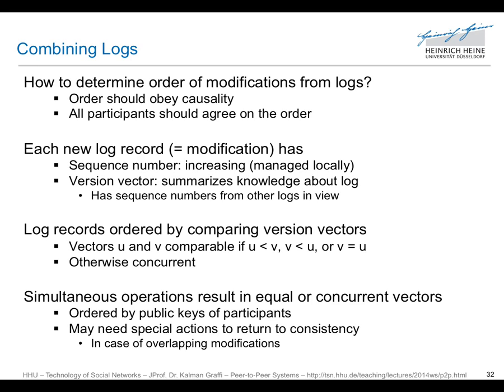By comparing the version vector, so what other logs do I know about and what's their current status, that can be used to create some semi-order even if different people combine their logs, to really identify which modification came after which.